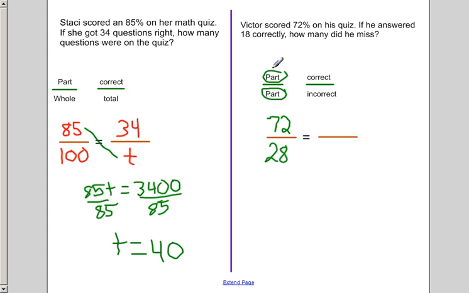So then our part here is that he answered 18 correctly. So for our equivalent ratio, we have 18 correct. And we were wondering how many did he miss? So I will put M for missed questions. And once again, cross multiply.